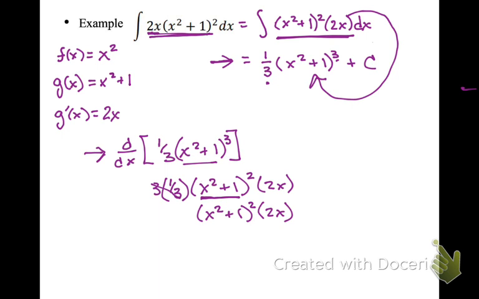Okay, hold on. I understand how you found 1/3 (x squared plus 1) cubed. But I'm probably going to guess that all of the problems are going to have something like this. Is that outside number always going to be the derivative of the inside?